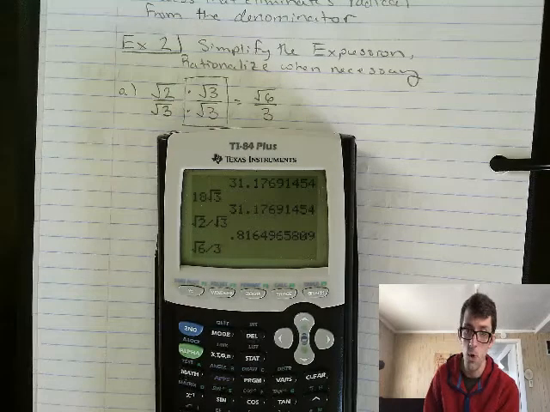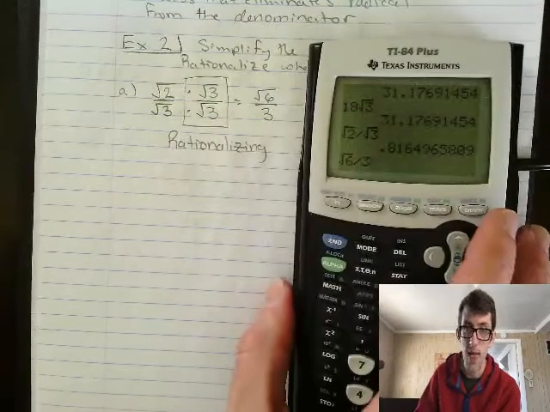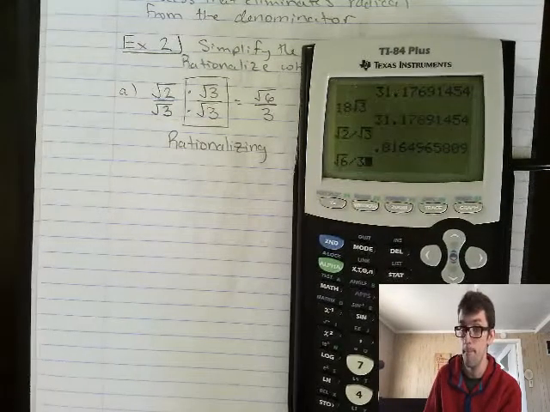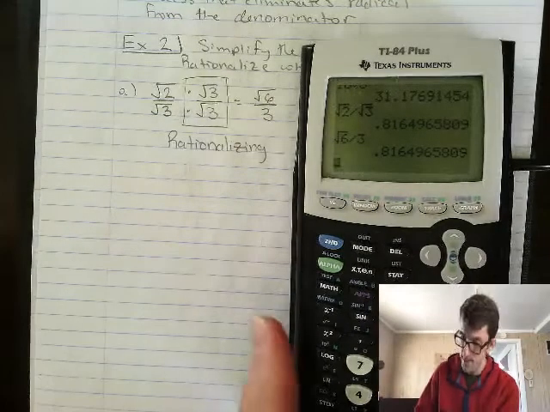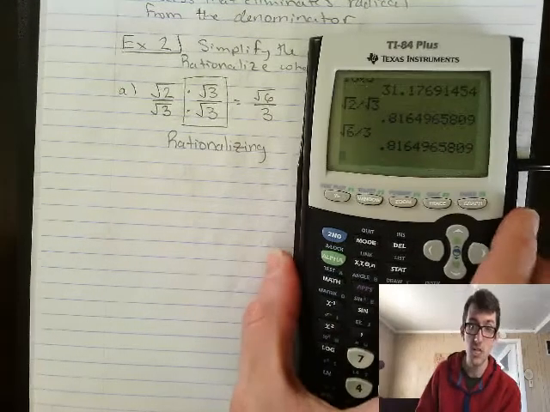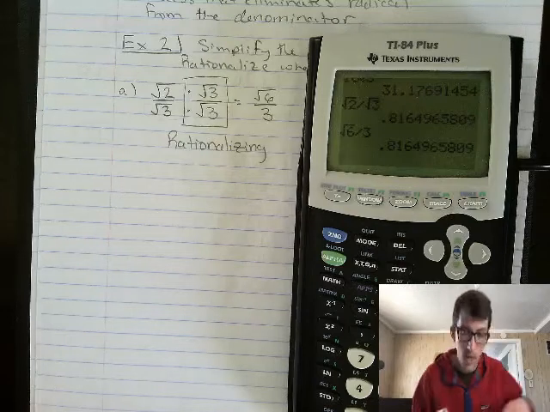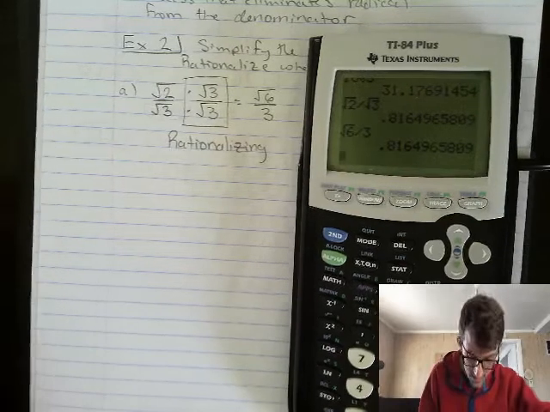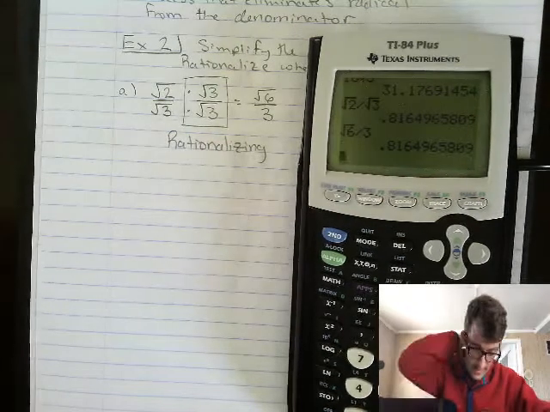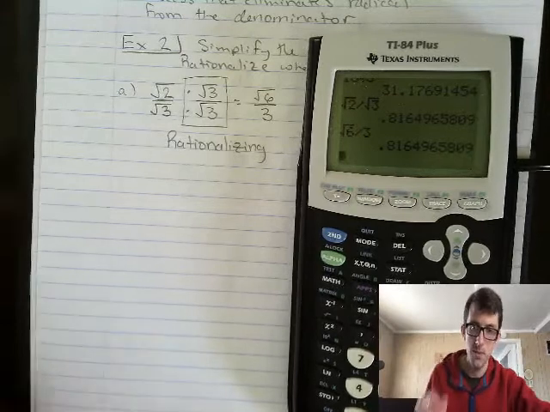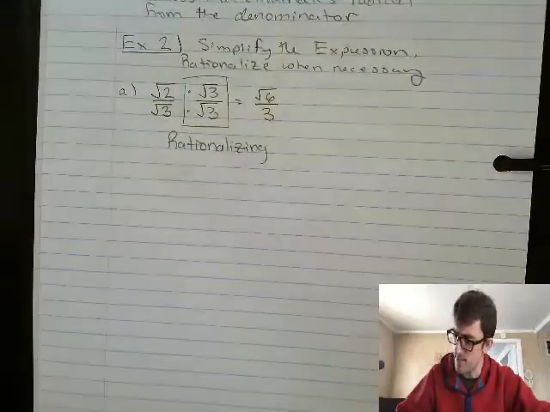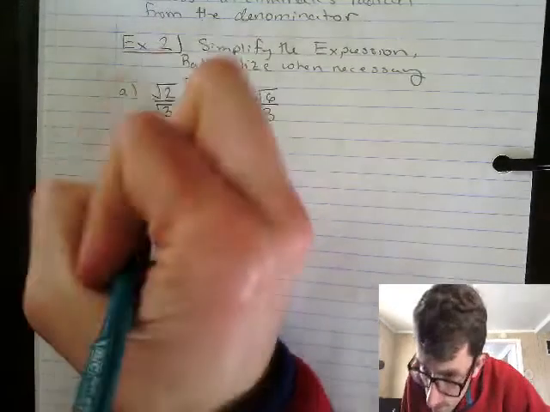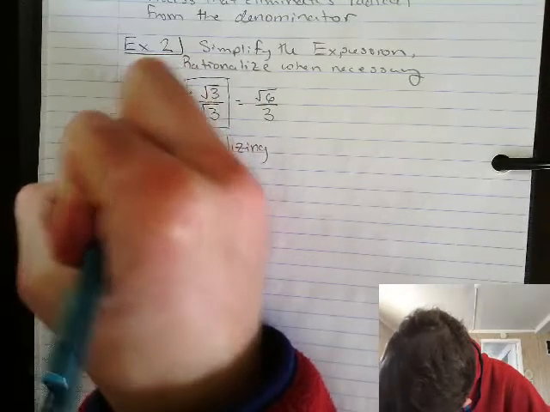Now, based on our reasoning with rationalizing the denominator, these should be the same. Take a look at that. It is. So, when we rationalize the denominator, we rationalize the part that has the square root expression in it. Let me explain to you what I mean by that in our next example.